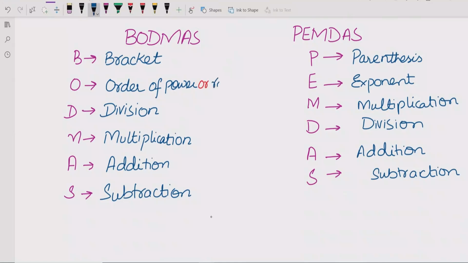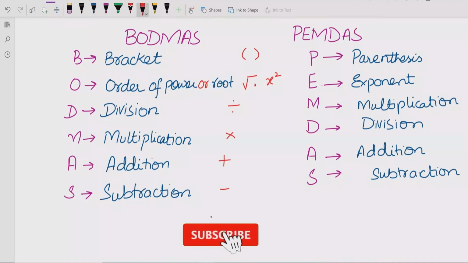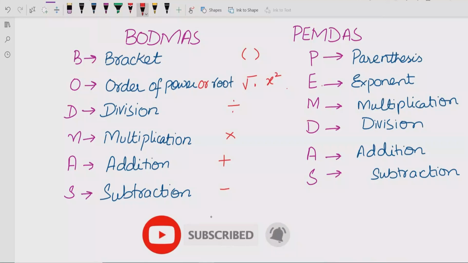Bracket is this one, and the division sign is this one, multiplication this one, plus and minus. Parenthesis is this one. Exponent is x square or any power. Then multiplication, division, and addition and subtraction.